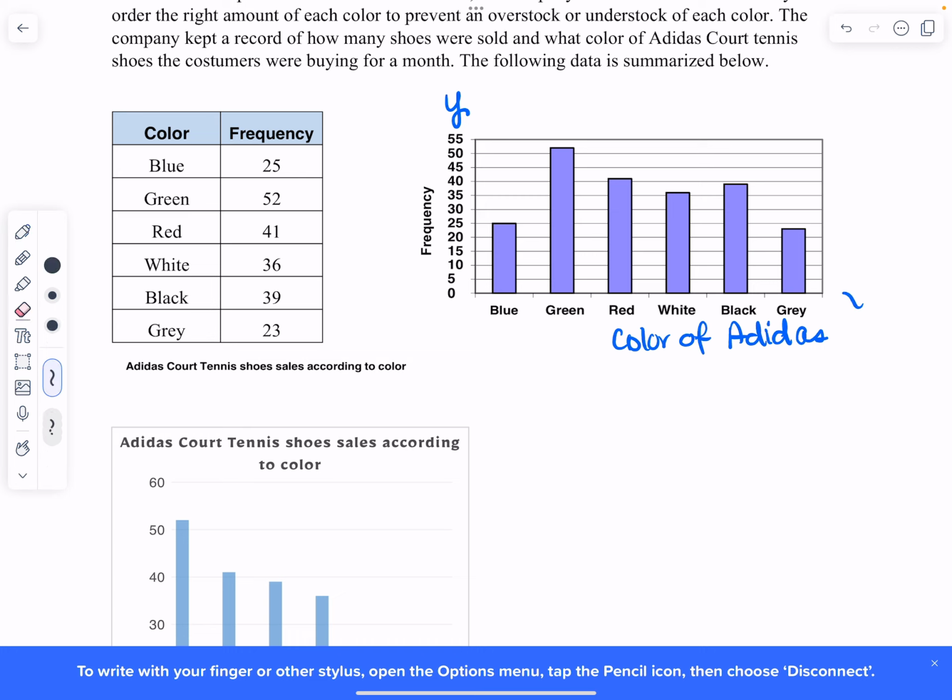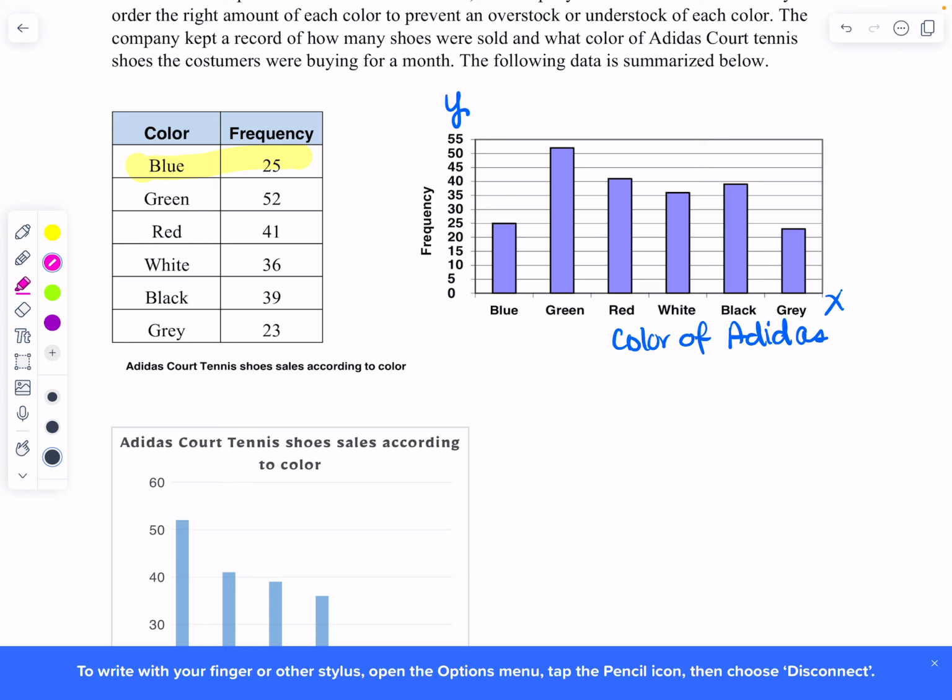Okay, so this is the x-axis. All right. So if we look at this, we see that blue, and I'm looking at this first column or row here. The first row here says blue, and it happens 25 times. So we can see the bar graph goes up to 25.